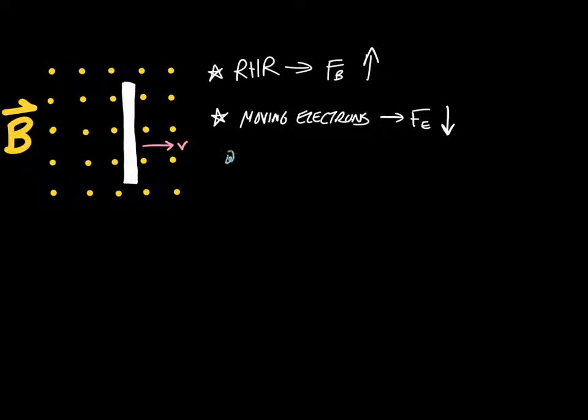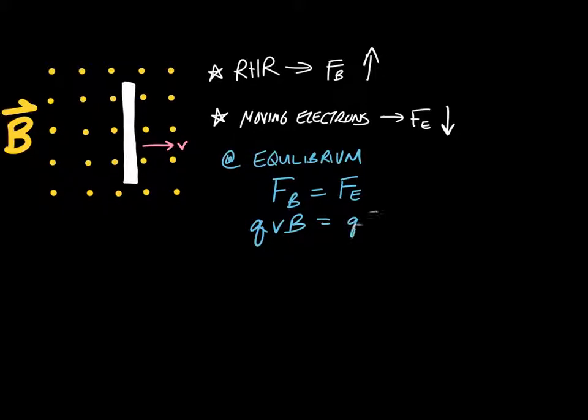So at equilibrium, we're going to eventually get to the magnetic force equals the electric force, which means qvB equals qE, which means E equals the speed of the conductor times the magnetic field in this context.